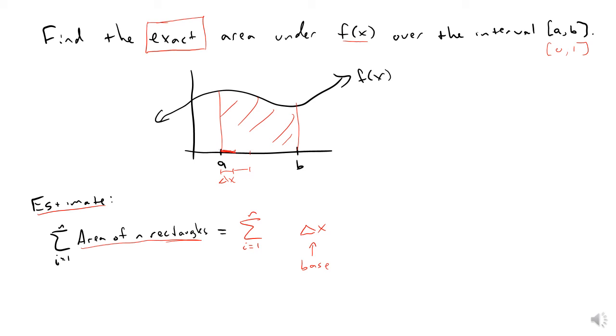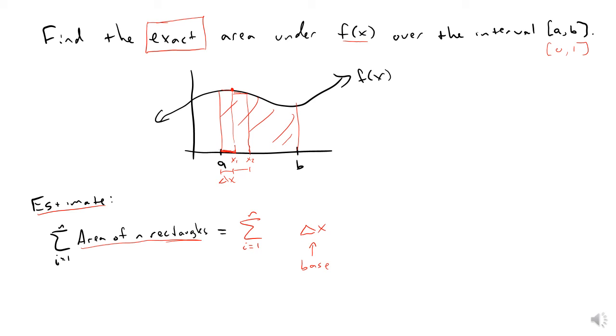And now my height. You're picking some x value in here and using that to define the height of the rectangle. It just boils down to this: you've got some x value and you plug it into the function to pick out the height of that rectangle. So you've got x1, you plug that into the function. You take x2, plug that into the function, get your second rectangle's height, and continue on with x3, x4.